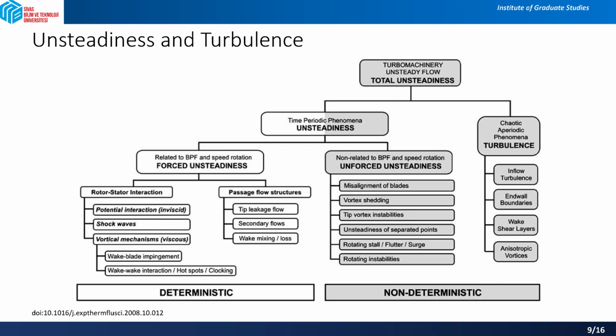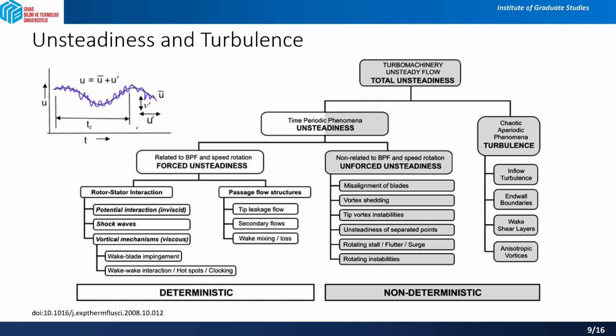But the thing is, your unforced unsteadiness and your turbulence part are the non-deterministic parts. Just as I said, when you have your turbulence as u equals u bar plus u prime, this u prime is something that you cannot determine. It's a fluctuation, right?